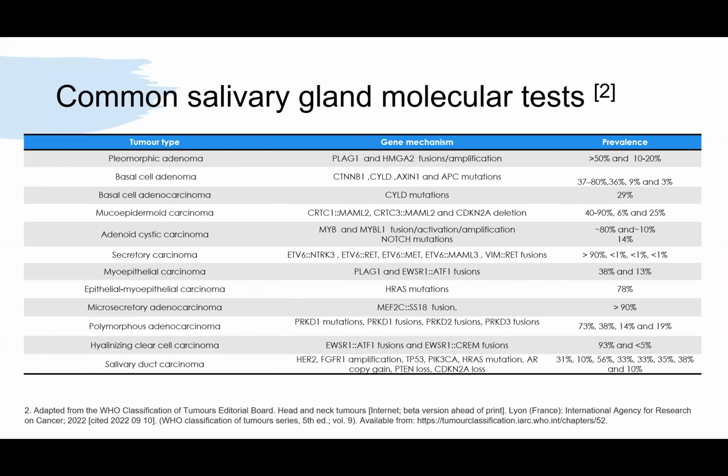So here is just to remind you of the types of molecular testing that you can do on salivary gland neoplasms. This is adapted from the new WHO, and more of these are coming into fruition. But it just emphasizes again the use of ROSE to get more material, and depending on how your genetics lab is able to perform these tests, depending how they've been validated, these can be highly useful.